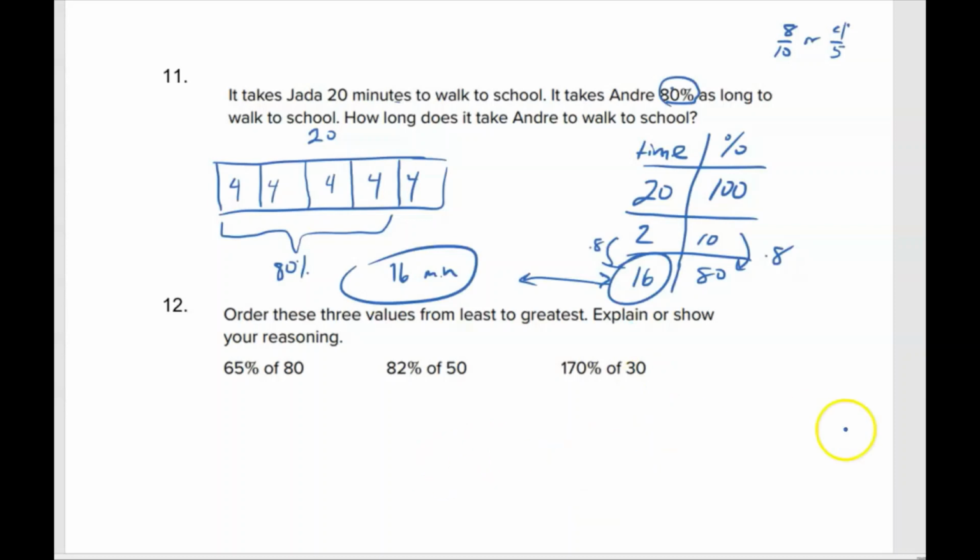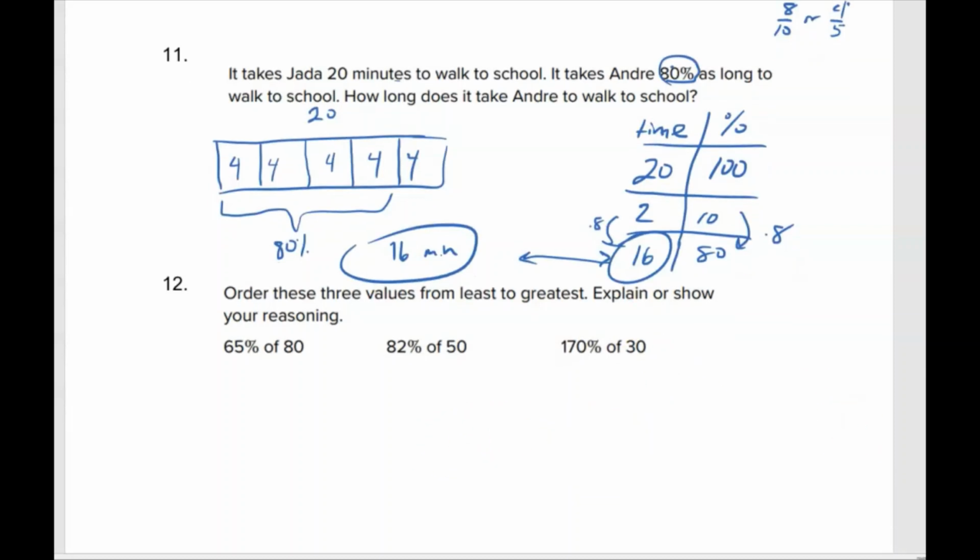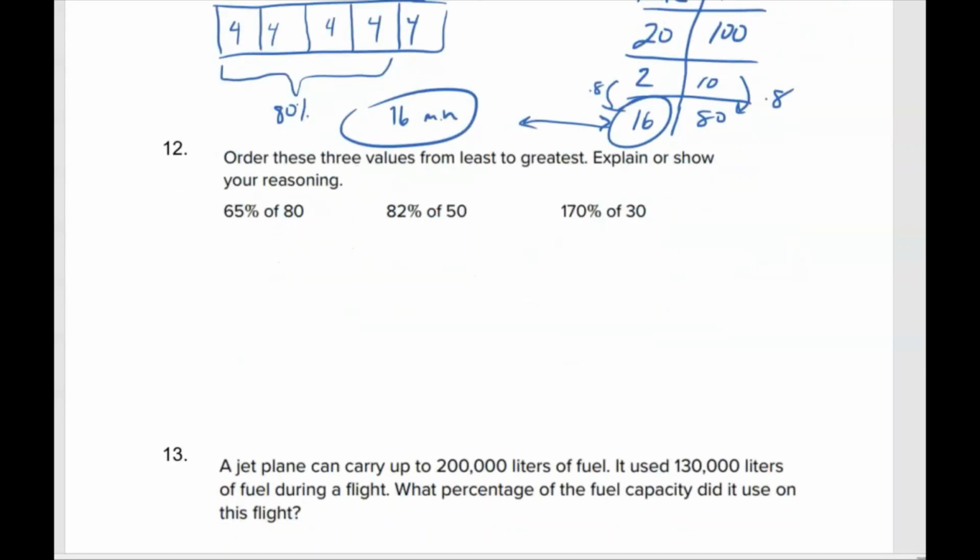Number 12 wants us to order these from the least to the greatest and then show how we got there. Okay. If you remember, this is a really good time to use your calculator too. One way that we talked about is by making our percent into a decimal.